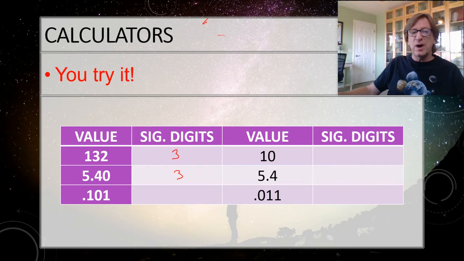And if you think about why, this one is an interior 0, so it's significant. And the reason it's significant is because this one is significant. I'm saying I measured it all the way out to the 1,000th place. Well, if I measured it out to the 1,000th place, then the 100th place is also being measured precisely as well. So it's just a coincidence that it's a 0.